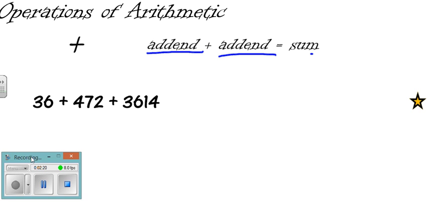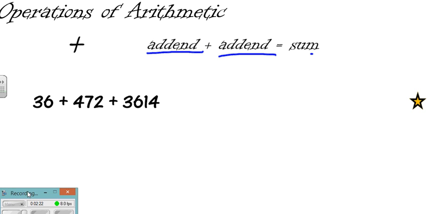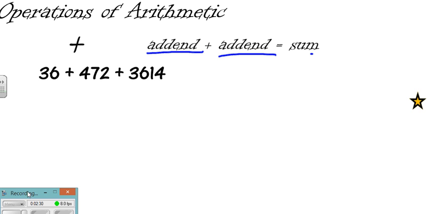So, for example, you can have a problem like 36 plus 472 plus 3,614, and that is an addition type problem. And to solve this, we're going to line up our place values.